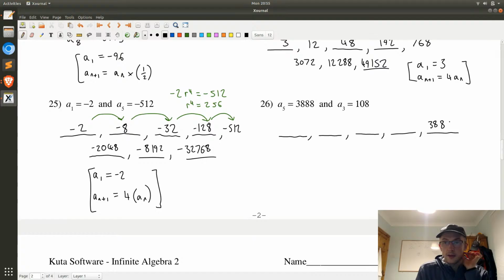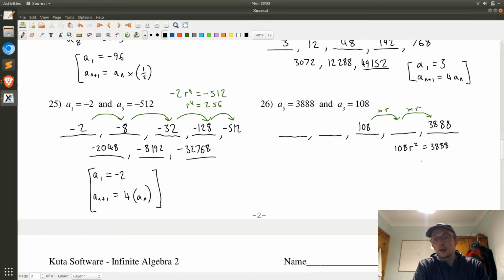So we have 3,888 and 108. So 108 times r squared equals 3,888. And can you divide that now by 108?